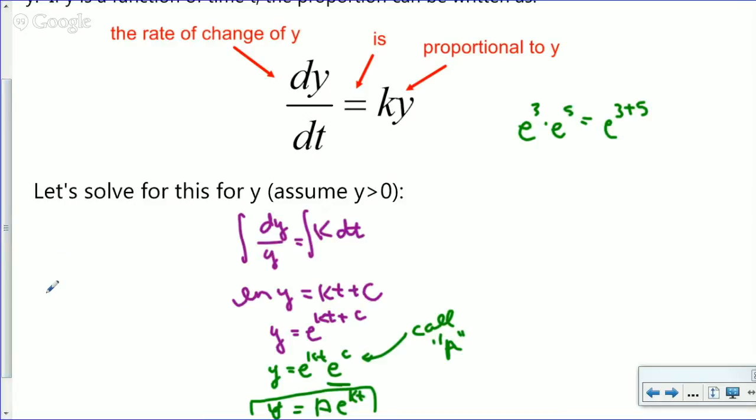Maybe it would look more familiar if I wrote it as the amount equals principal times e to the rate times time, PERT, right? Same thing, we're just using different letters. We're using y instead of A instead of P, and k instead of r. Okay, but same idea. Alrighty.